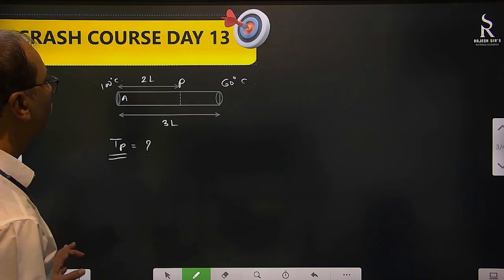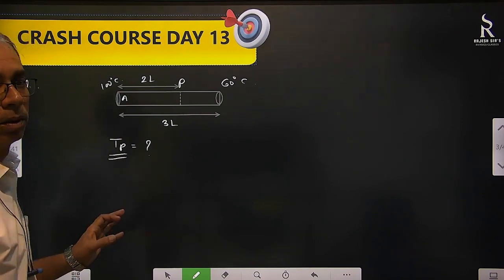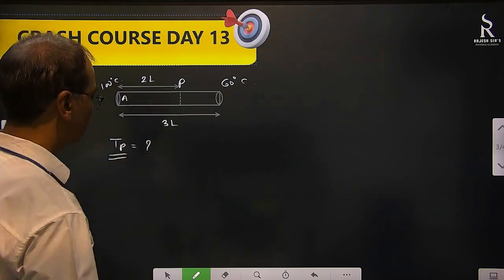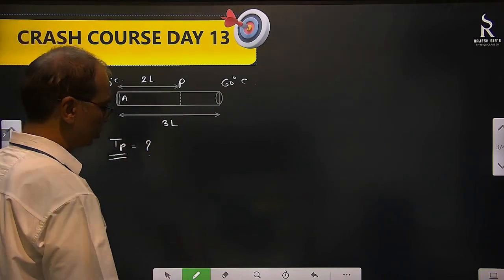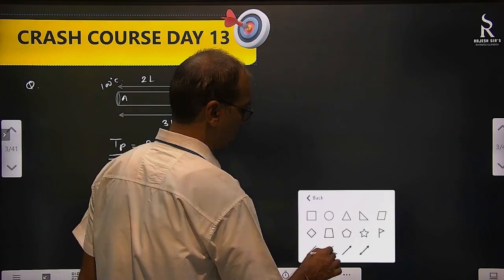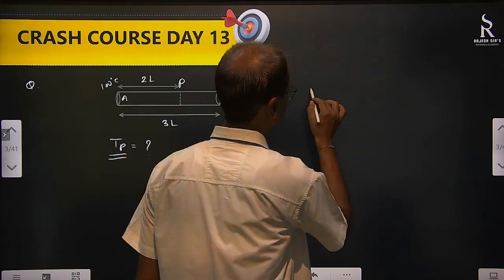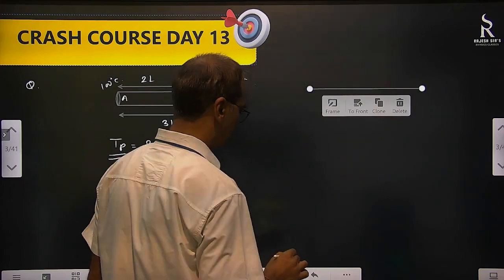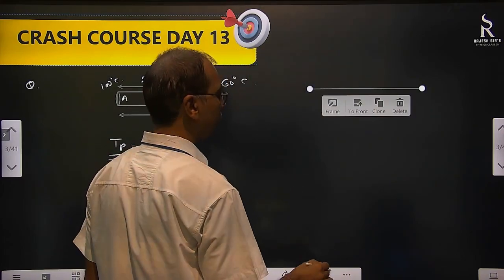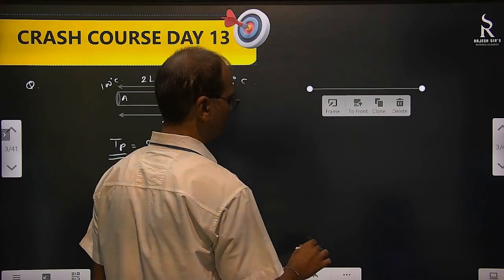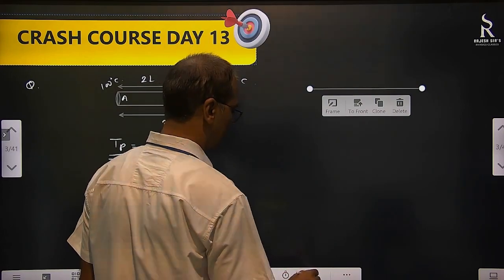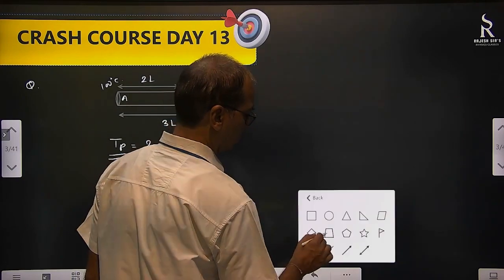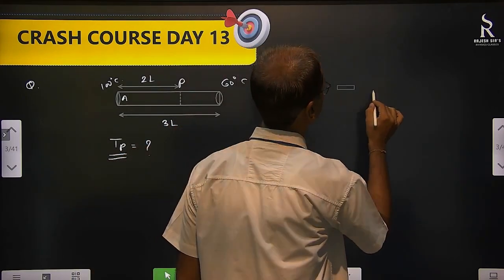So what we know from our knowledge of current electricity: suppose in the same way we make the same rod like this, and we are connecting it with a battery. We'll make the rod slightly thicker.